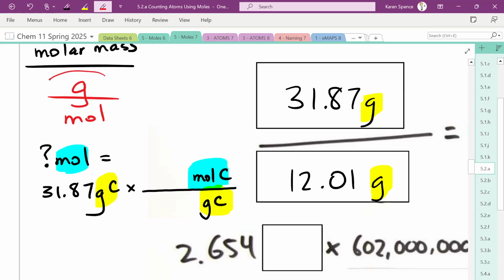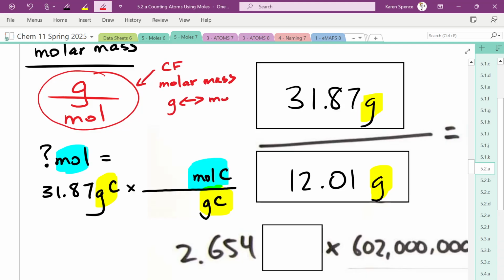Oh, look at this. We have a conversion factor that relates grams and moles. It is the molar mass. It allows us to go between grams and moles. So if you're ever like, oh, I got grams, I got moles, what can I use to convert? You use the molar mass.